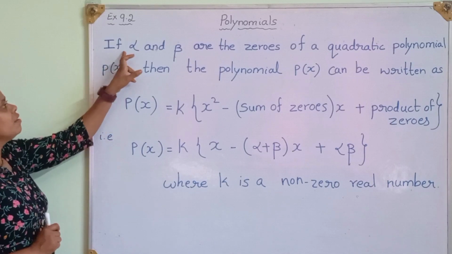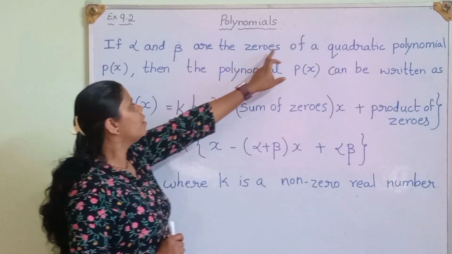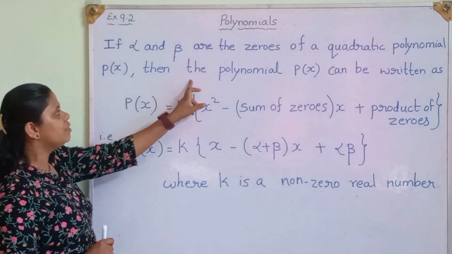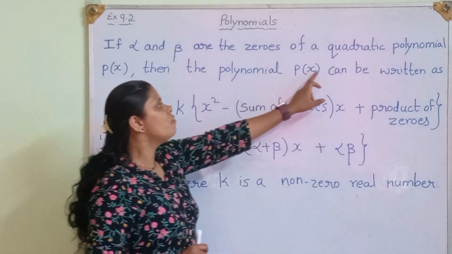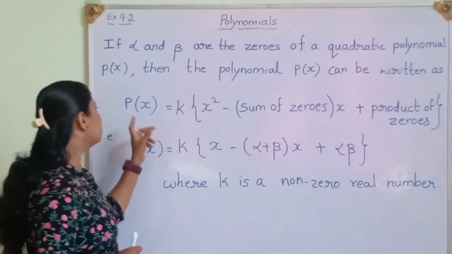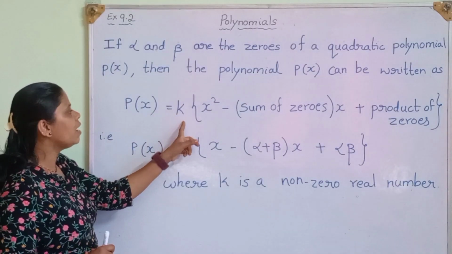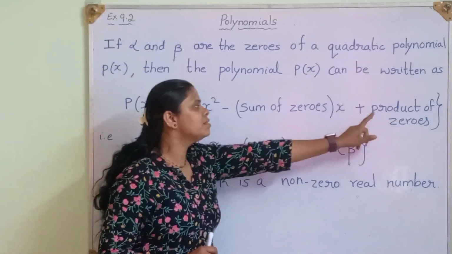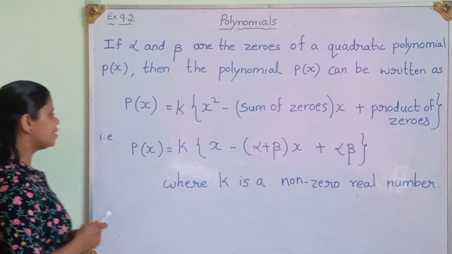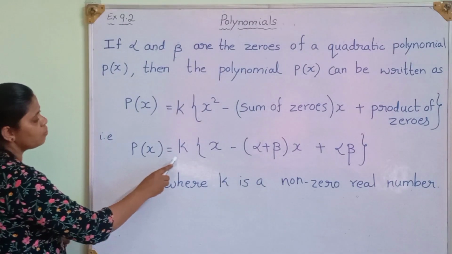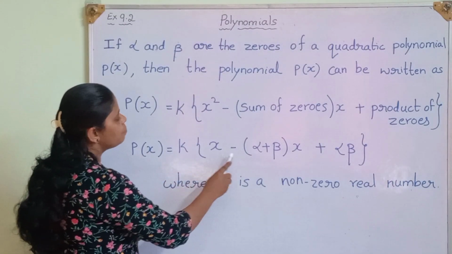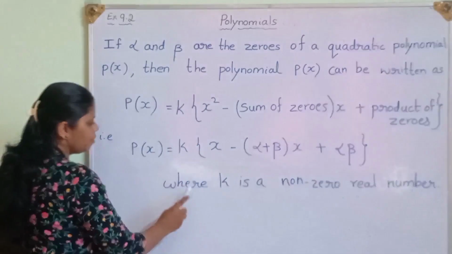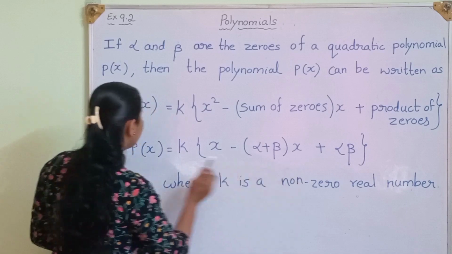That is, if alpha and beta are the zeros of quadratic polynomial p of x, then the polynomial p of x can be written as p of x is equal to k into x square minus sum of zeros into x plus product of zeros. That is, p of x is equal to k into x square minus alpha plus beta into x plus alpha beta, where k is a non-zero real number.